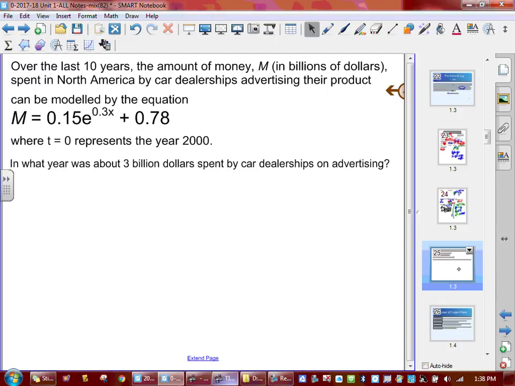So if we put a 3 there, the first thing that has to happen is that 0.78 has to go to the other side. So we're going to subtract out the 0.78 from both sides. Okay, and we rewrite our equation. That's going to give us 2.22 equals 0.15 e to the 0.3x.